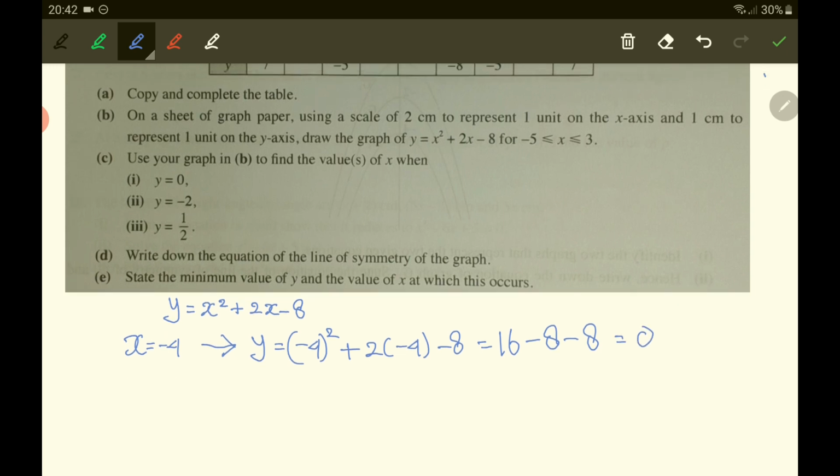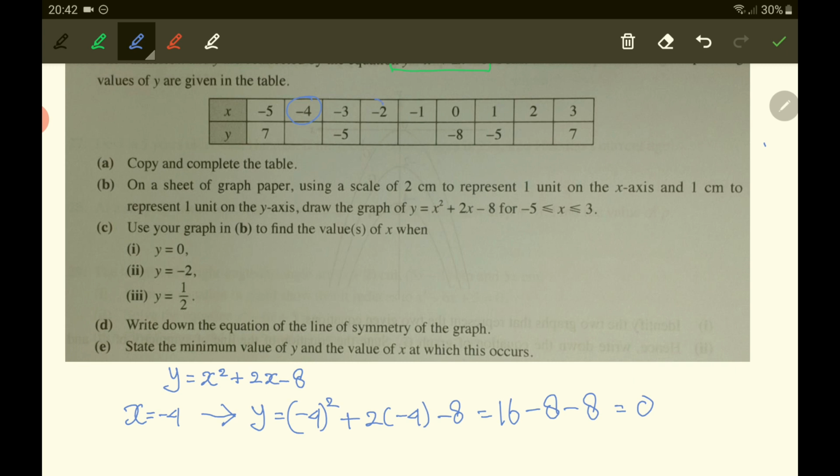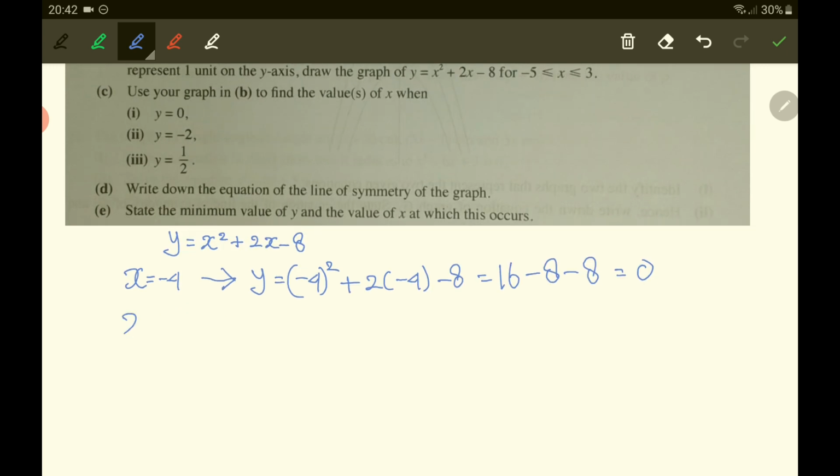And then when x equal to minus 2, y equals minus 2 squared plus 2 times minus 2 minus 8. So this is 4 minus 4 minus 8, which is equal to minus 8.